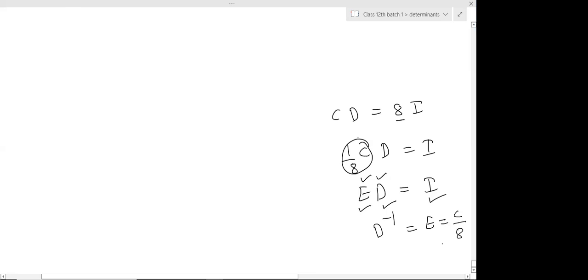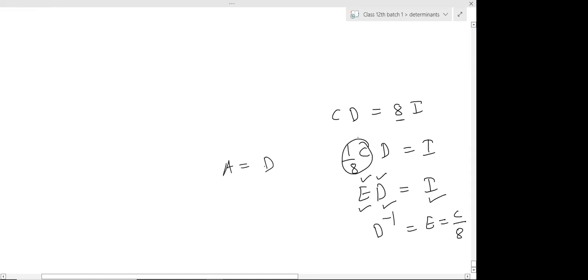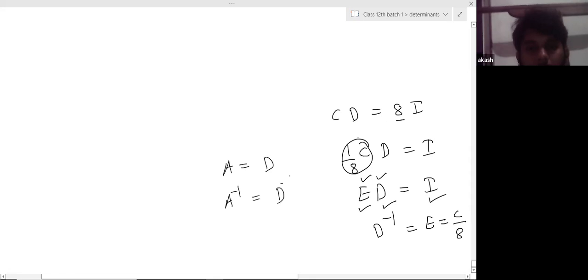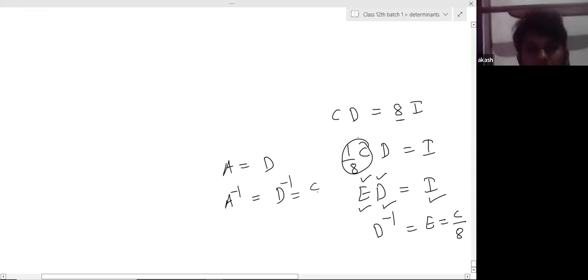Now look at the question again. Can I say A matrix is equal to D matrix? Yes. So A inverse matrix must be equal to D inverse matrix, and D inverse matrix is nothing but C by 8 matrix.